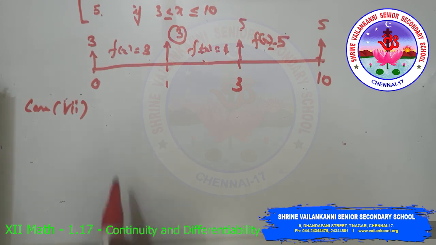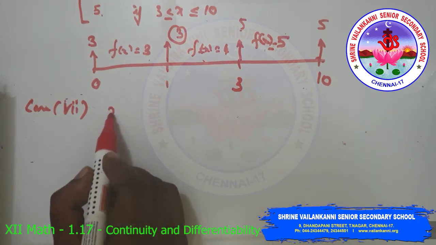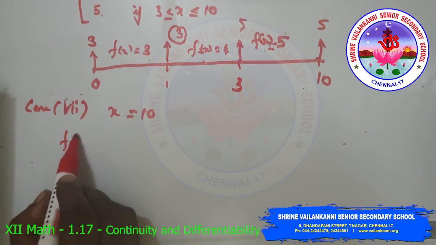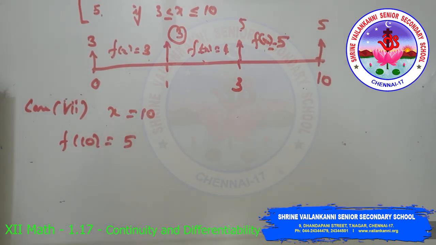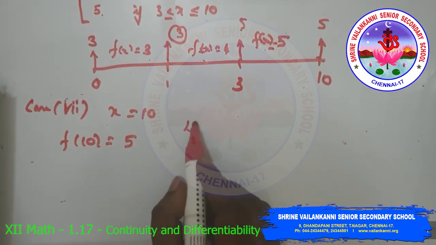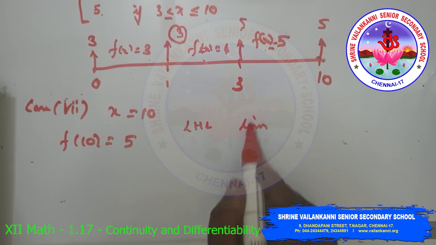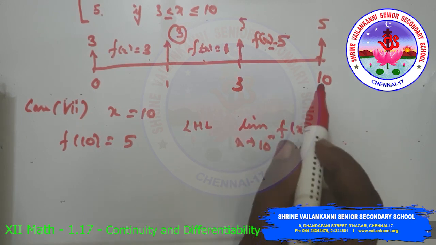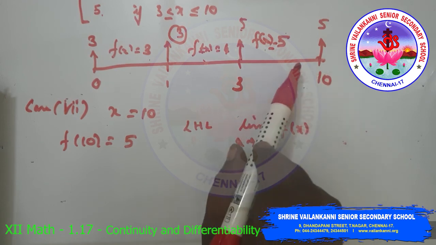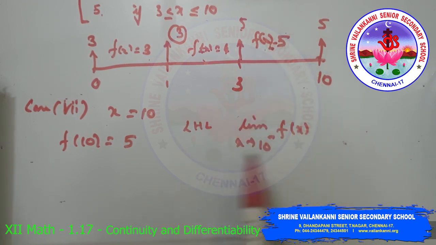So consider the seventh case, at x equal to 10. We have f of 10 equal to 5. It is defined. So left hand limit, x tends to 10 minus of f of x. To the left of 10 we have f of x defined to be 5.